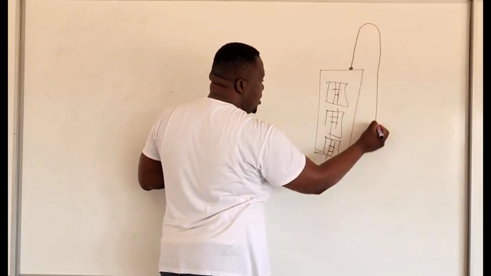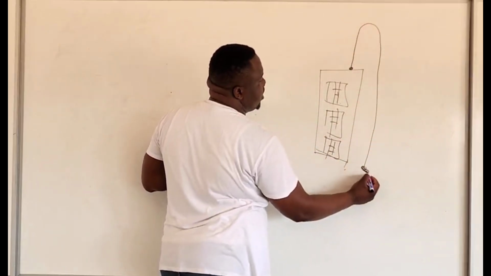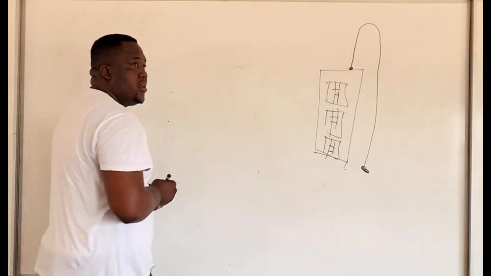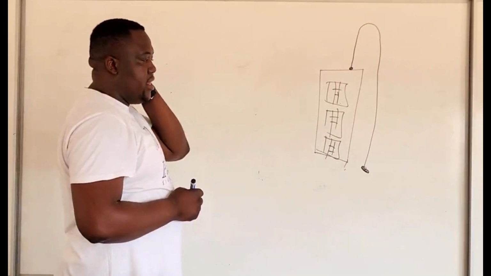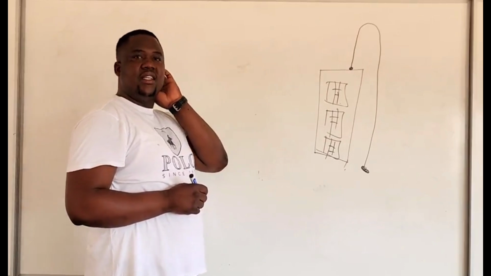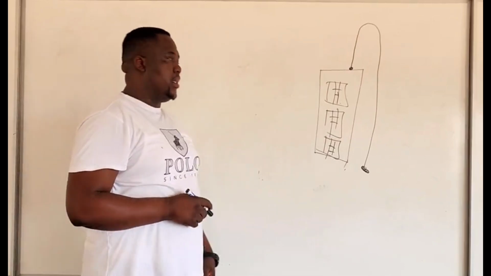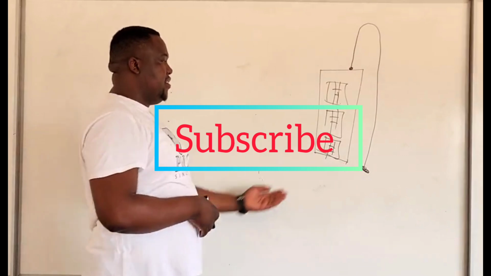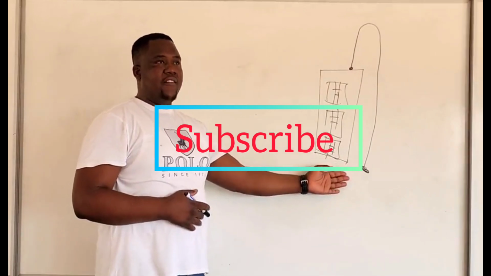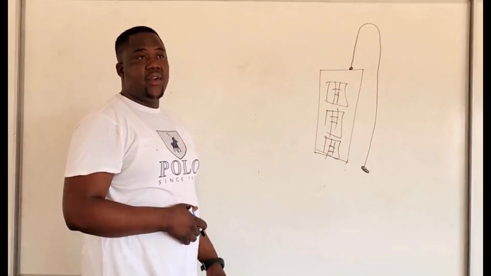Then the object comes and hits the ground. You see? The person projected an object up and then the object hits the ground. I want you to draw a velocity versus time graph for this scenario.